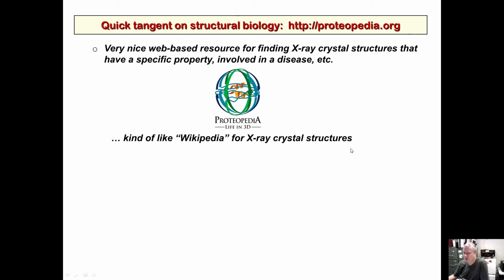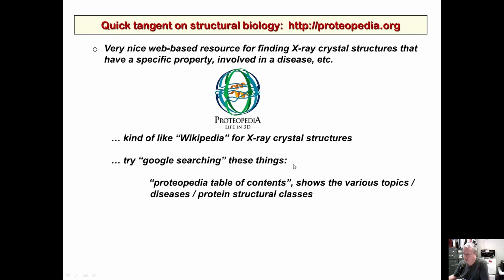So you can look for specific X-ray crystal structures that have a certain property. You could try Google searching these things. Proteopedia table of contents, which shows the various topics, diseases, and types of protein structures. Proteopedia cation pi interaction, to find proteins that have cation pi interactions.